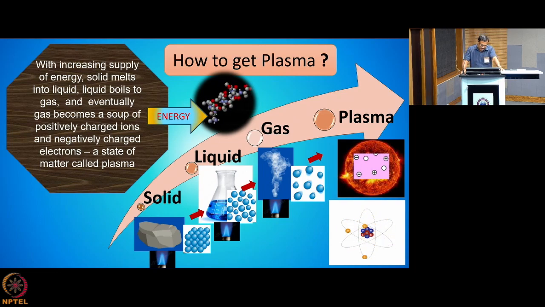So basically, if you want to convert any substance into plasma, just keep on supplying energy. A stage will come when the electrons will be separated from the atoms and it will be a collection of ions, electrons and neutrals.